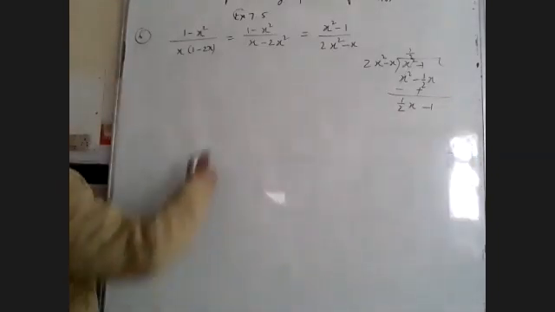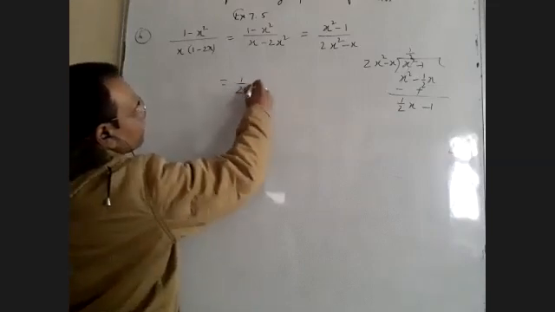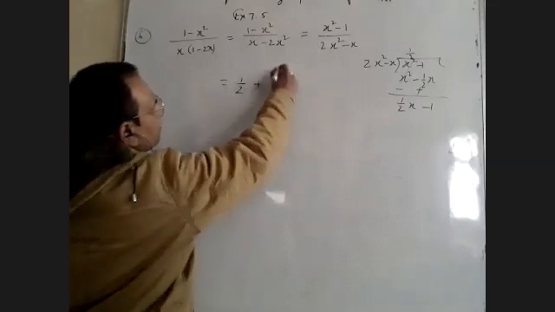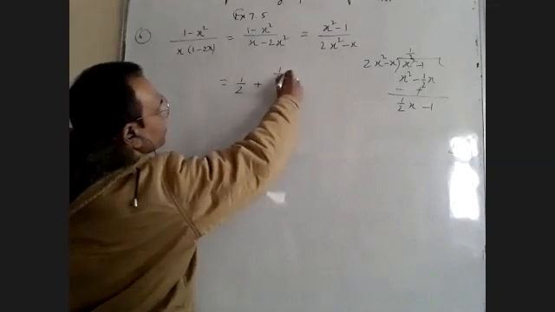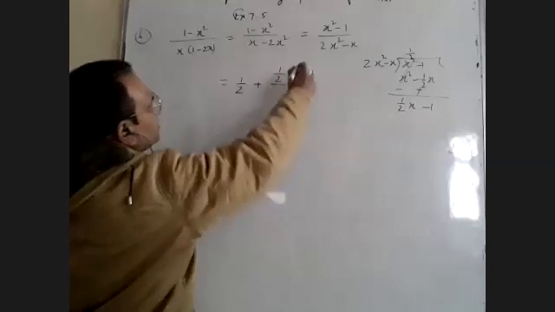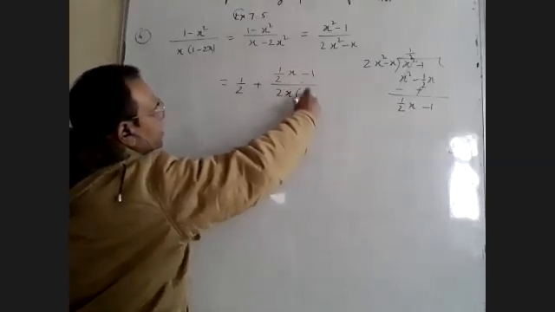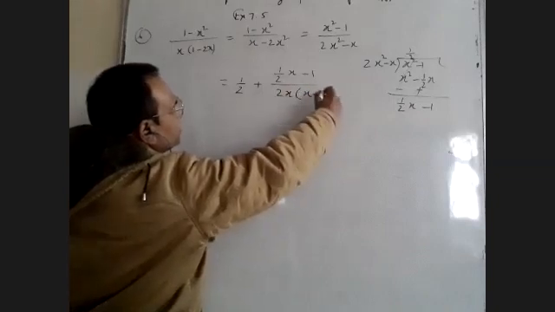So we can write this fraction in this way: 1 upon 2 plus 1 upon 2x minus 1 divided by 2x square, that is, you can take common 2x, then it becomes x minus 1.